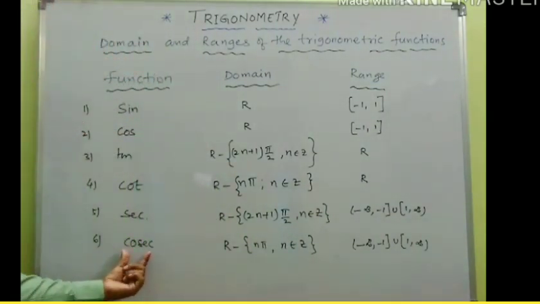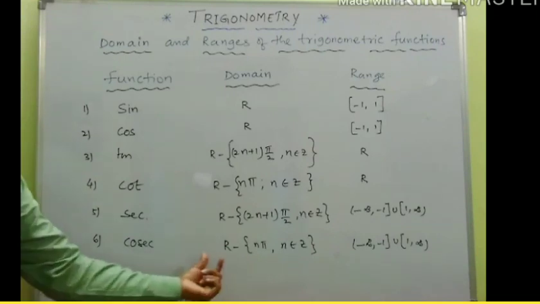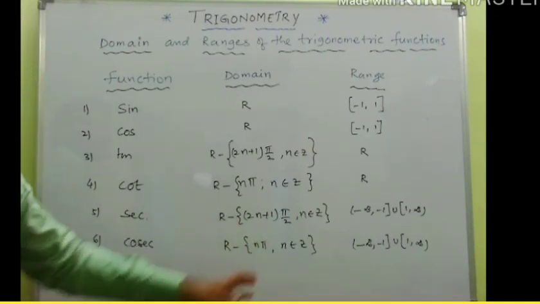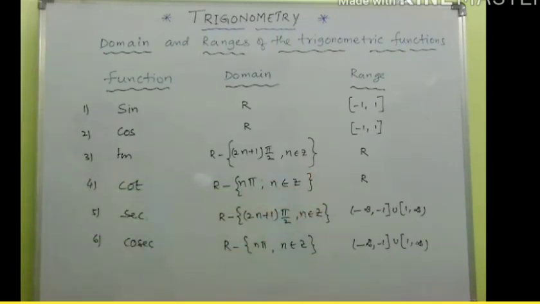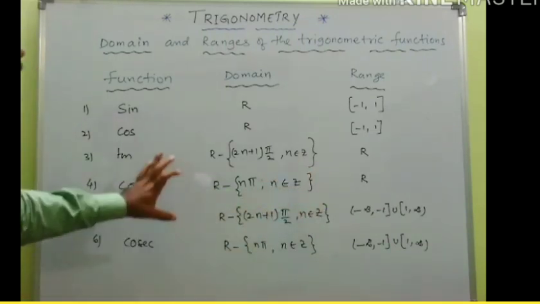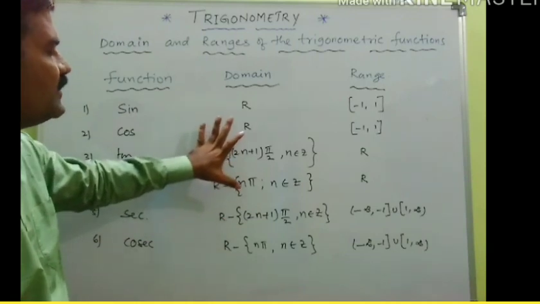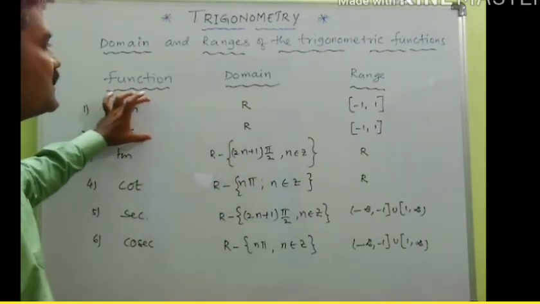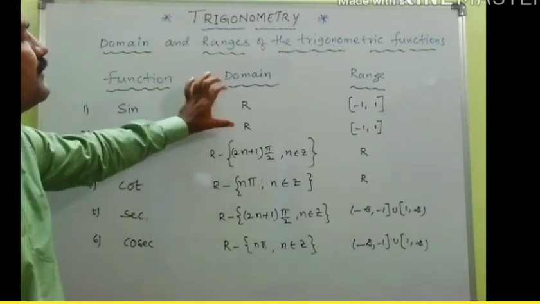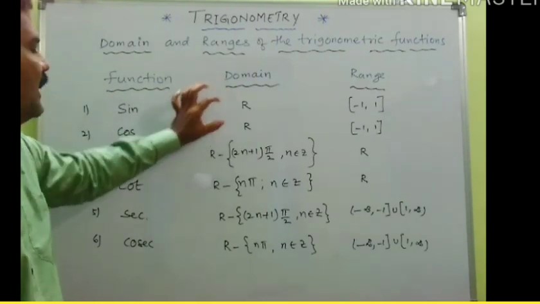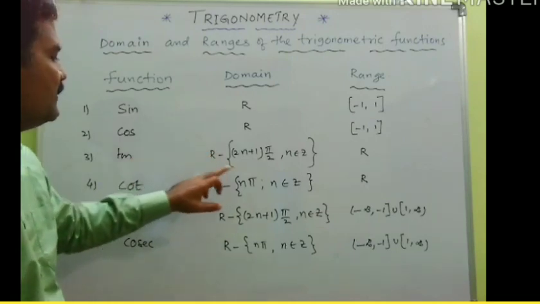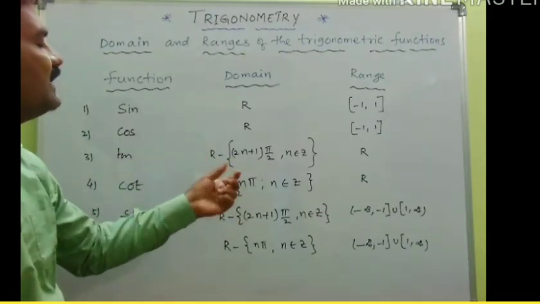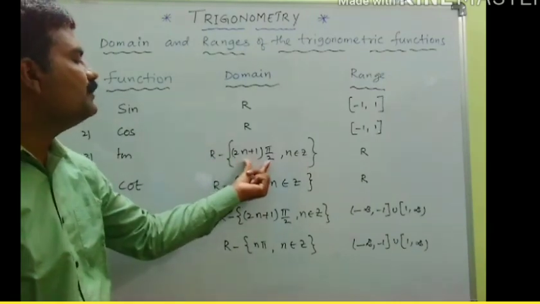Similarly, the domain of the cosecant function is R minus n pi, where n belongs to Z, and the range is the same as secant theta. So please observe that domain is nothing but where the function is defined. Especially sin and cos are defined for all values of theta, any angle. But tan and secant are not defined when the angle is (2n plus 1) into pi by 2.